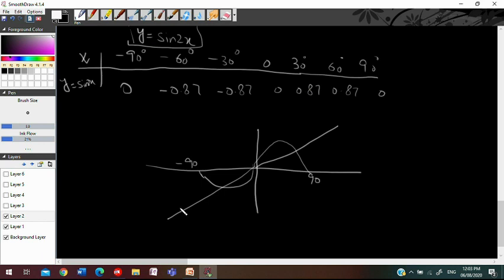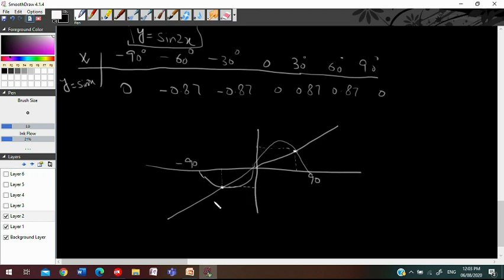Now you can see the graphical solution is the point of intersection of the two graphs. Where the graphs intersect with each other, the first point is this, and this one is the second point. These are the 2 points where both graphs intersect each other. And when you find the values for these points, you are going to get your answer.